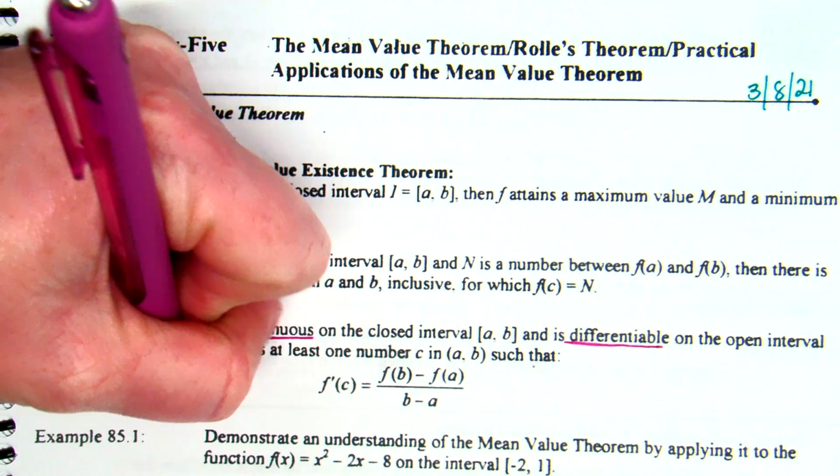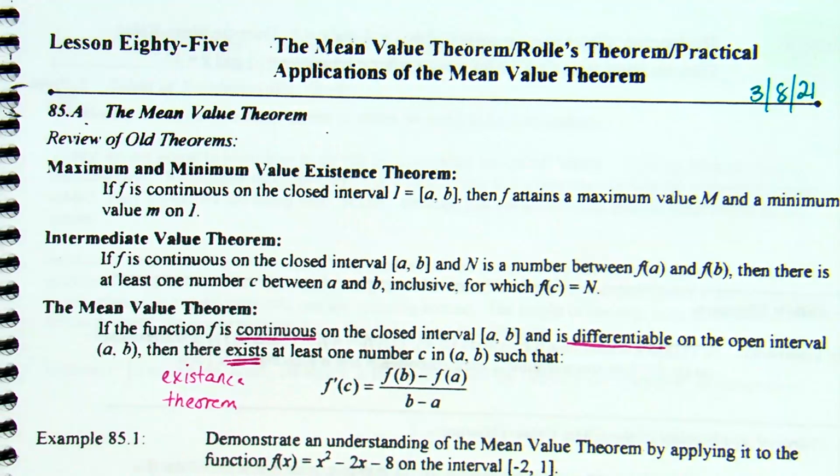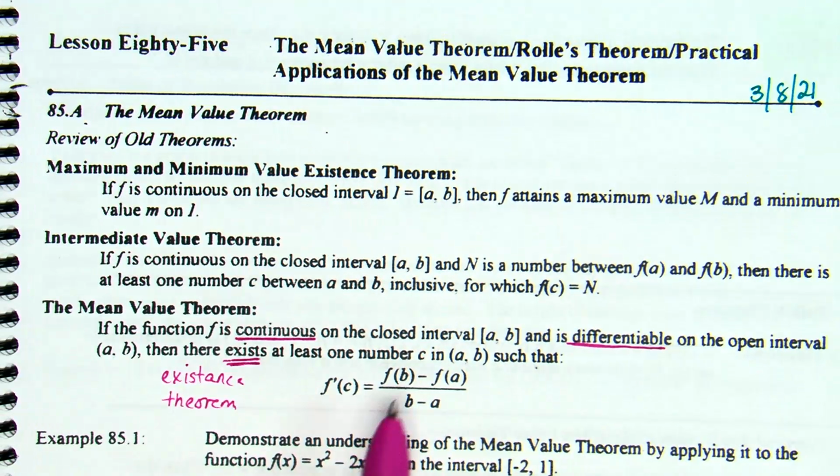Now, the easiest way to probably go through this is to look at example 1 and kind of talk our way through this. Because example 1 states to demonstrate an understanding of the mean value theorem by applying it to the function f of x equals x squared minus 2x minus 8 on the interval -2 to 1.